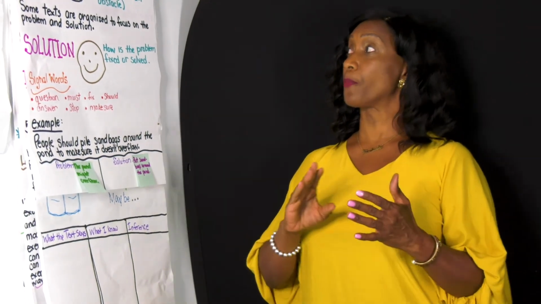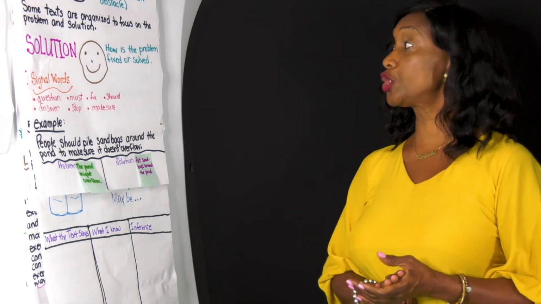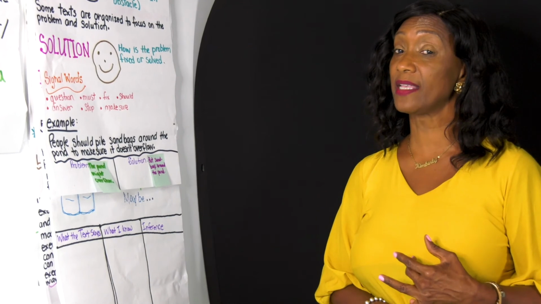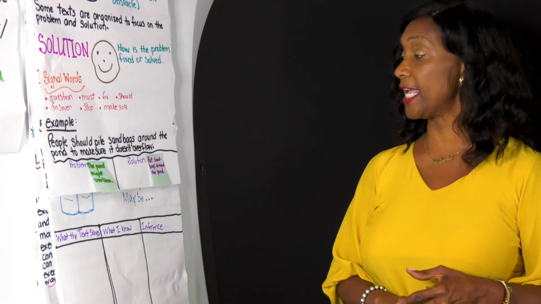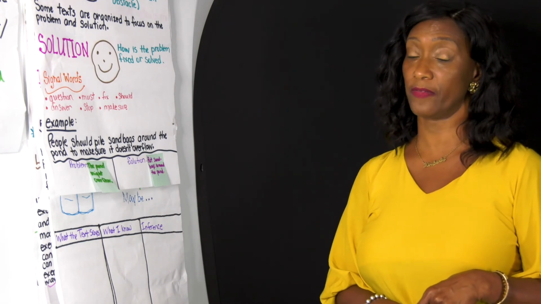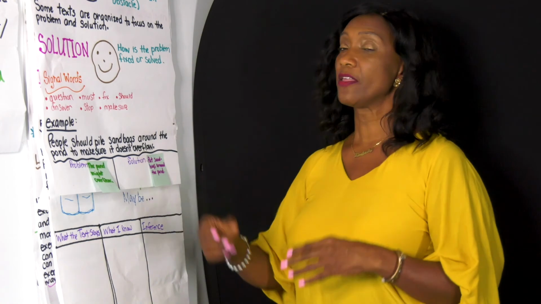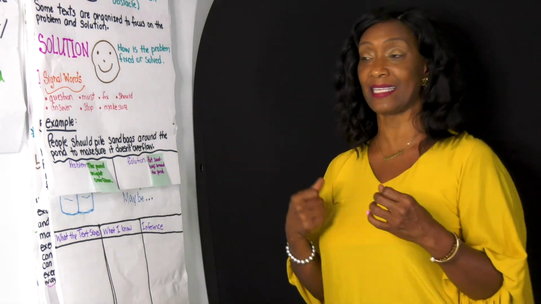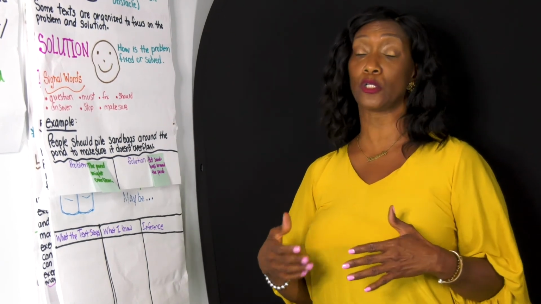So tell them the problem is what goes wrong, or the challenge. The solution is how the problem is solved. Go ahead and write that down, because you're going to use these strategies as you're reading all of those informational texts in iExcel to help you identify the problem and the solution.